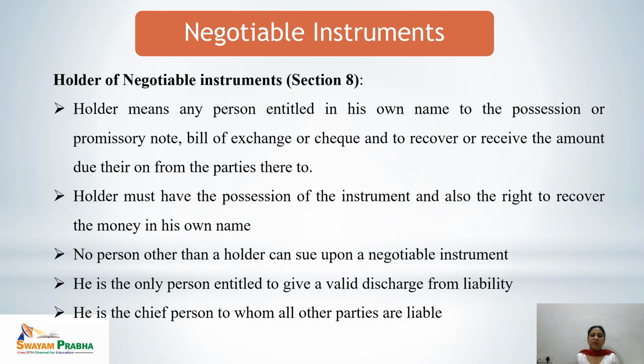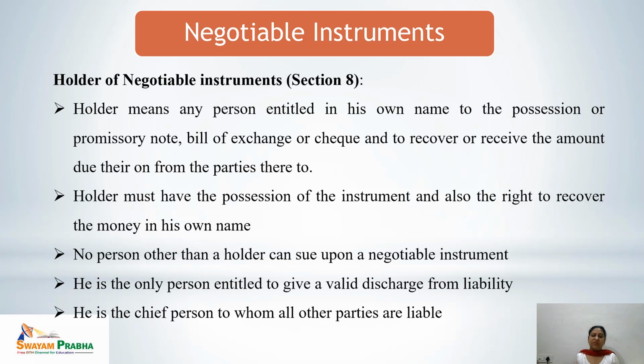This section defines that holder means any person entitled in his own name to the possession of a promissory note, bill of exchange or check, and to recover or receive the amount due thereon from the parties thereto.